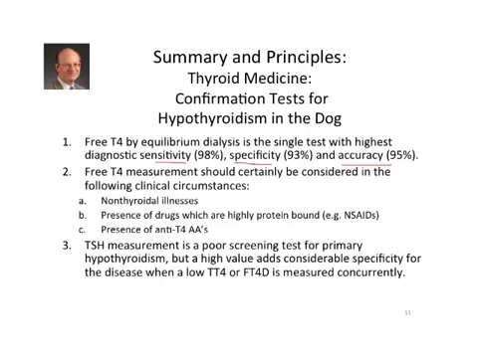conditions where there's non-thyroidal illness or the presence of drugs that interfere with thyroid hormone binding, like NSAIDs, or the presence of T4 autoantibodies, these are the actual conditions where free T4 shines, and it only shines in the dialysis method.